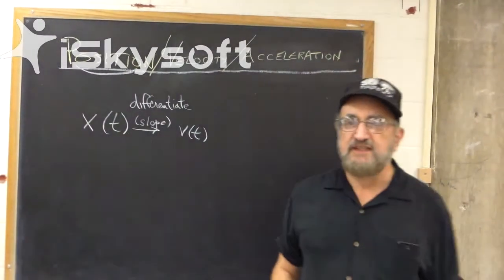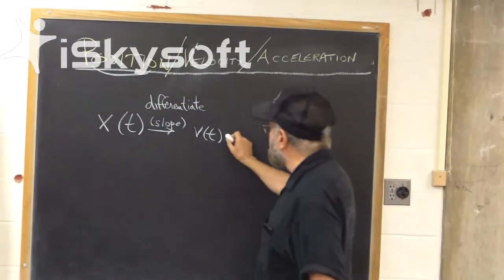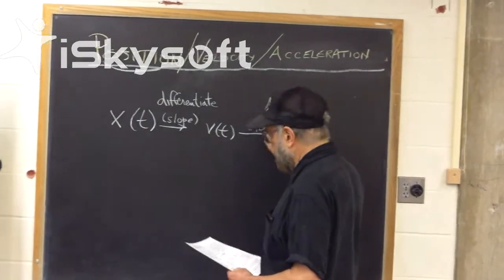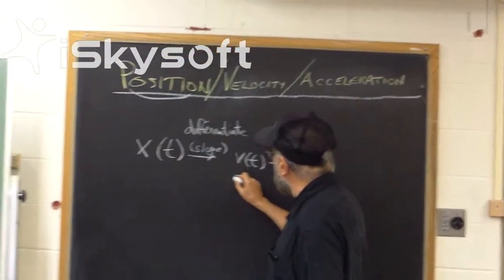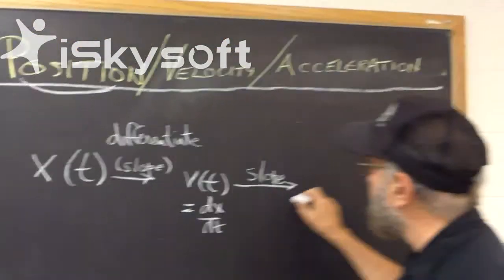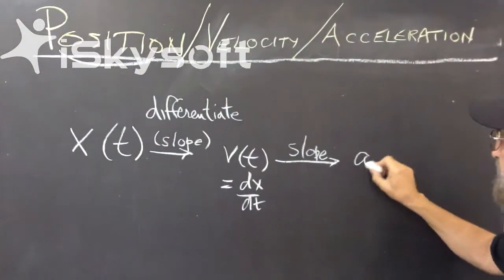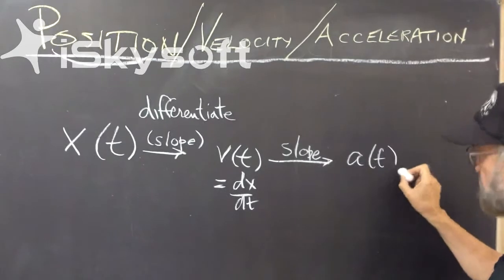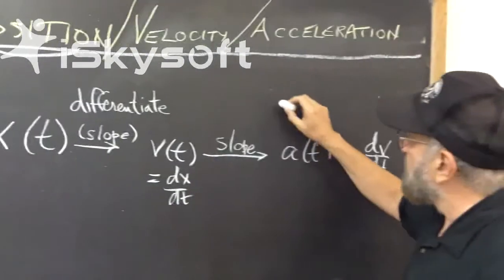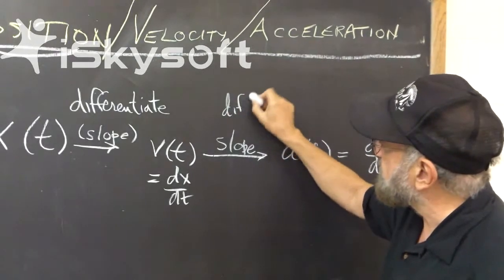Similarly, if you know the velocity as a function of time, you find the slope of that curve, which we write, by the way, as dx/dt. You take the slope of that curve, and you get a of t, which is dv/dt. And the math process is differentiate.